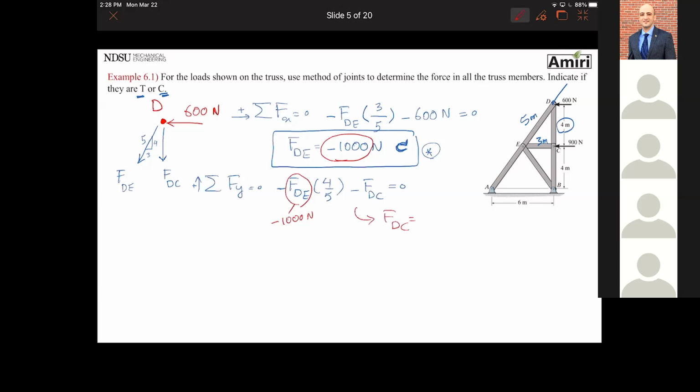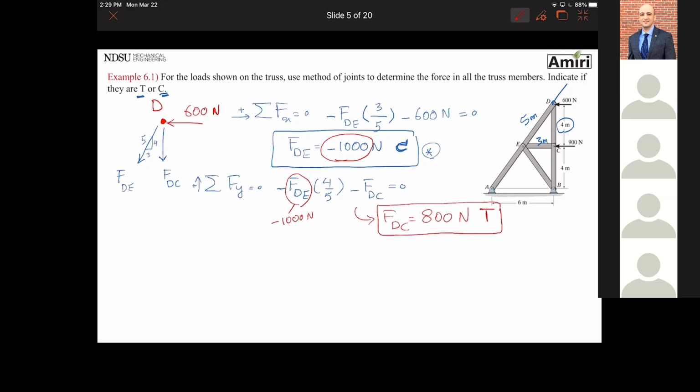FDC is going to be 800 Newtons. Now is this in tension or compression? Tension, right? Because I drew it as tension and my answer is positive, so that means my direction was okay. All you have to do is put a T next to it.